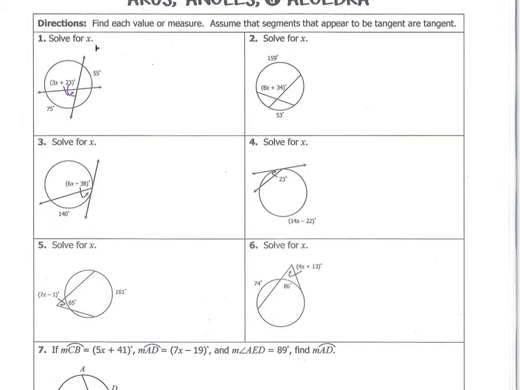The measure of my angle is equal to 1/2. Am I going to add my arcs or subtract them when we intersect inside the circle? Add them. So it's arc plus arc.